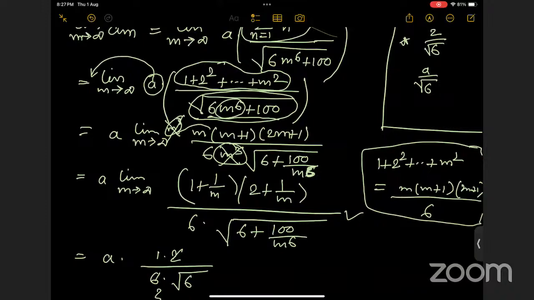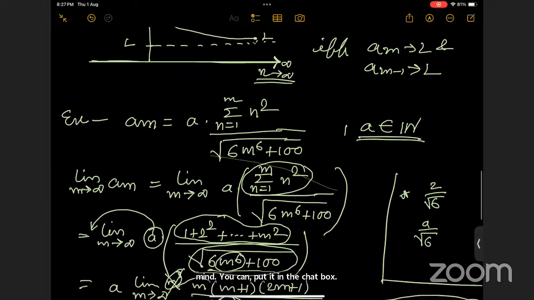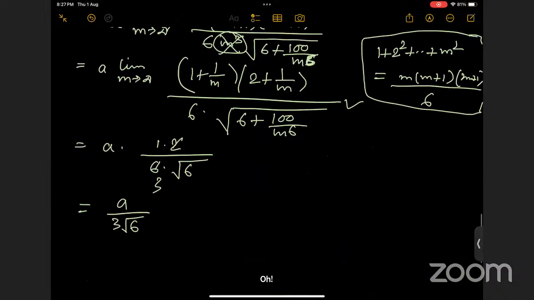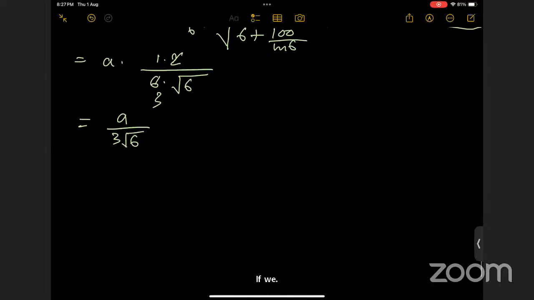No, ma'am, no doubts. Okay. So now if you have any other doubt with the sequence concept, or you have some problem in your mind, you can put it in the chat box. We can solve it now. Ma'am, can you solve the example for finding the limit of the sequence?